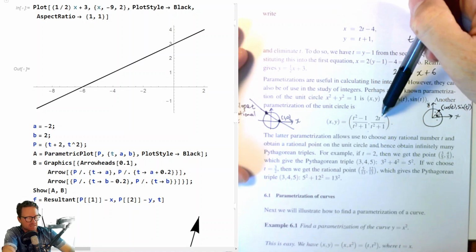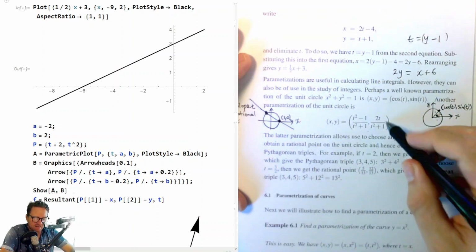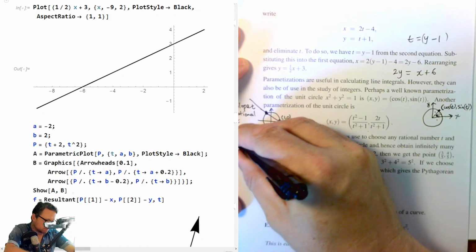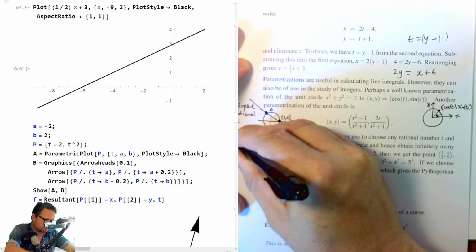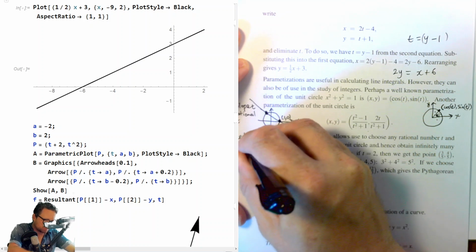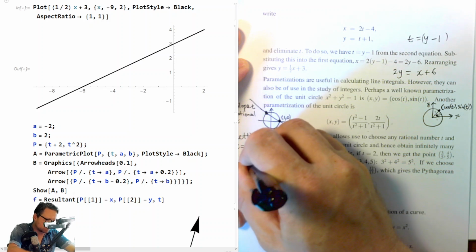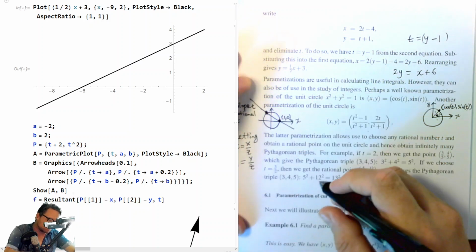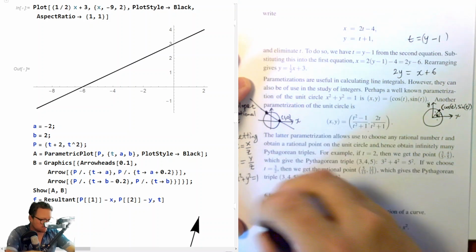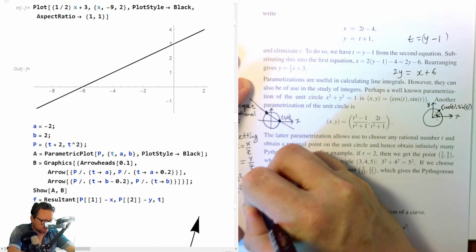So why is that interesting? Well, because if you look at it and call z that denominator, so letting lowercase x be uppercase X on z and lowercase y be uppercase Y on z, then x squared plus y squared equals 1 gives you uppercase X squared plus uppercase Y squared equals z squared.